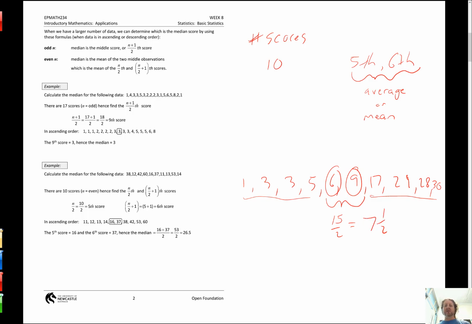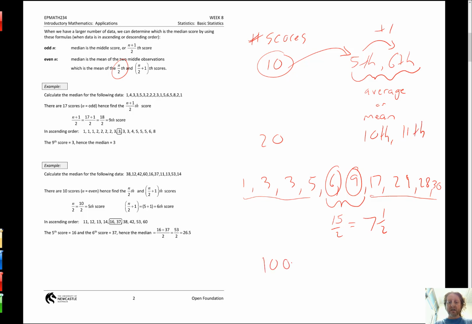So this formula says if you've got an even number of scores, like 10 scores, go to the n on 2, which means halve the number. N on 2 is the 5th. N on 2 plus 1 means that same number plus 1. So if we've got 10 scores, go for half of the number, 5th, plus 1, the 6th. If you've got 20 scores, average the 10th and the 11th.